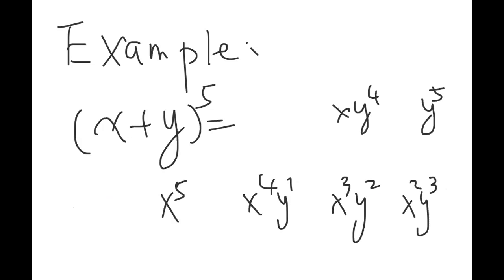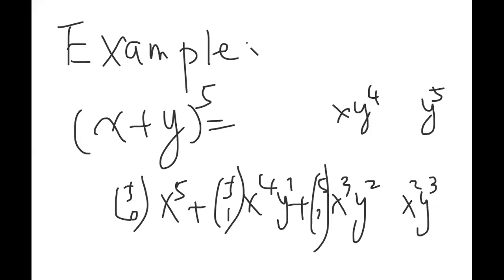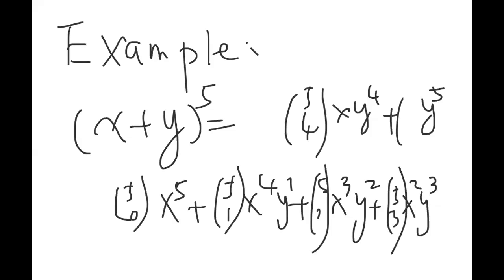So what is the coefficient for x to the 5th? There should be 5 choose 0. For x to the 4th it is 5 choose 1. For x cubed it is 5 choose 2. For x squared it is 5 choose 3. This is 5 choose 4. And the last one is 5 choose 5.